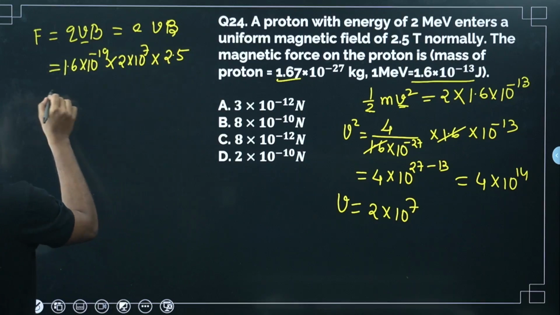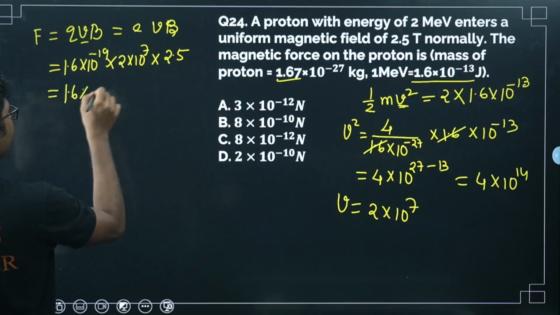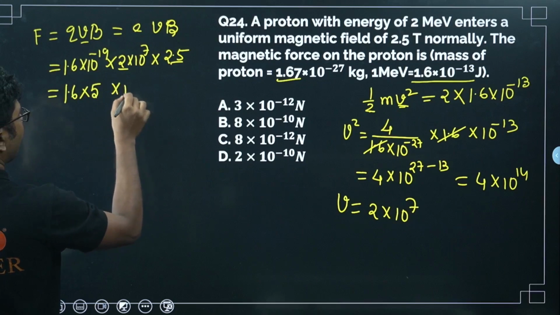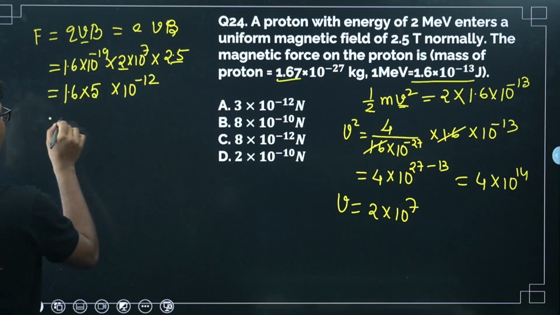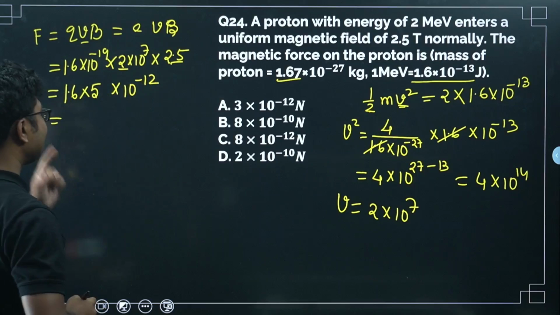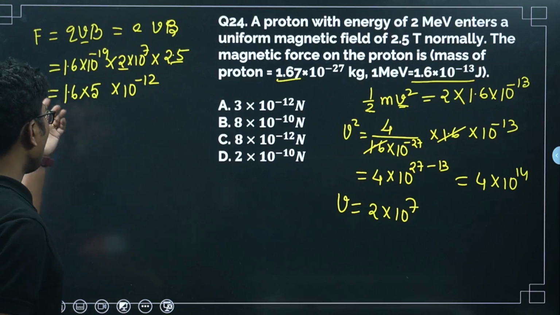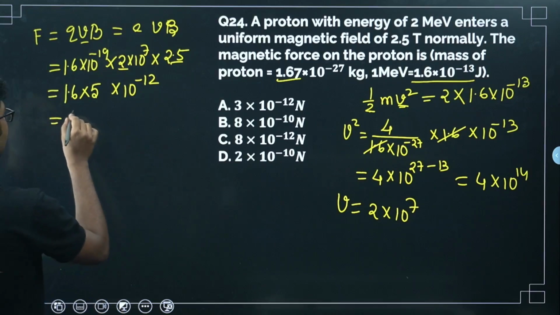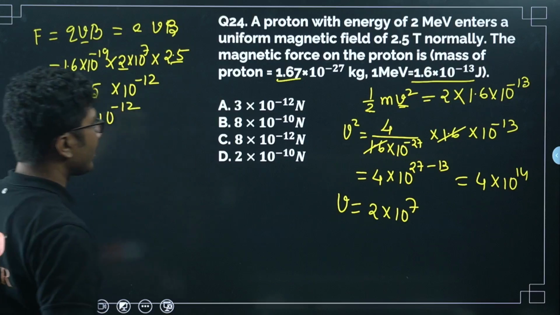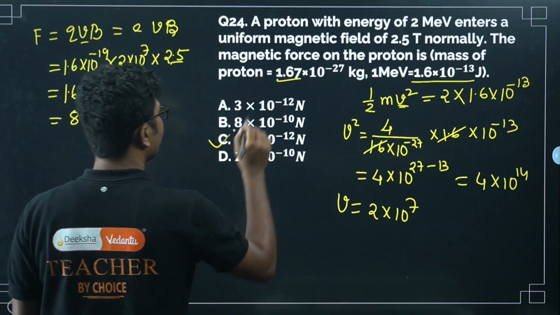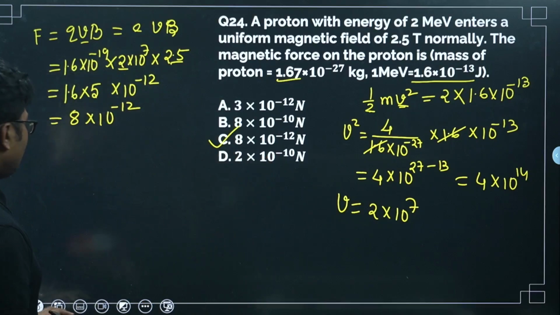Okay, so it will be 1.6 times 2 times 2.5 is 5, 10 to the power of minus 19 plus 7 minus 12. Now 5 times 1.6, 16 times 5 is 80. So 1.6 times 5 will be 8. Okay, so 8 times 10 to the power of minus 12 Newton. So this is the answer, right?